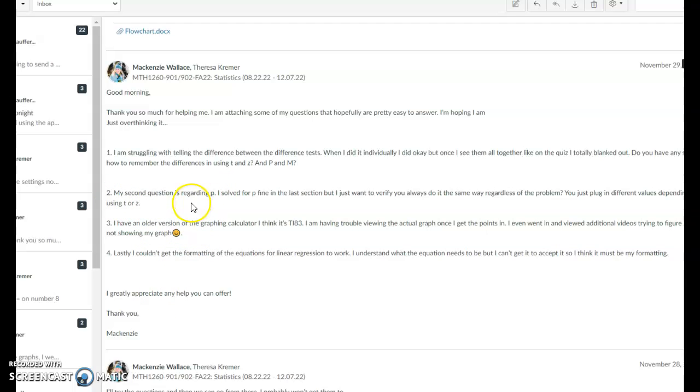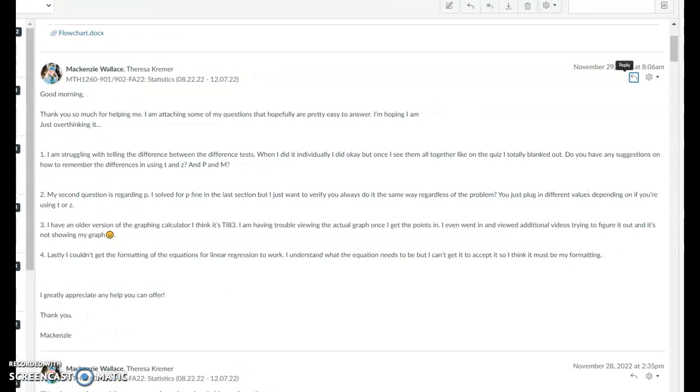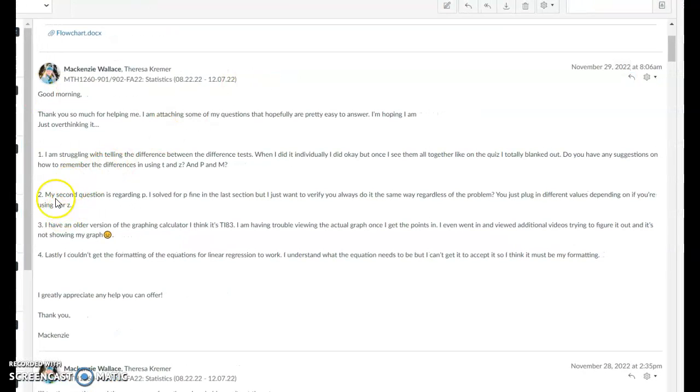Number 2, you said solving for p. Yeah, solving for p is basically a direct result of picking the right test, entering in all the correct values into the test on the calculator, and then it should just spit out your p-value. Okay, so really number 2 is just going right with number 1 here, picking the right test.